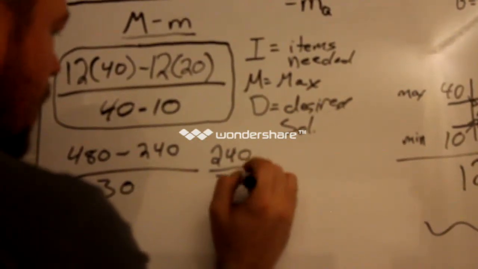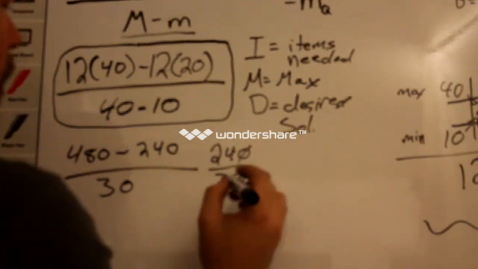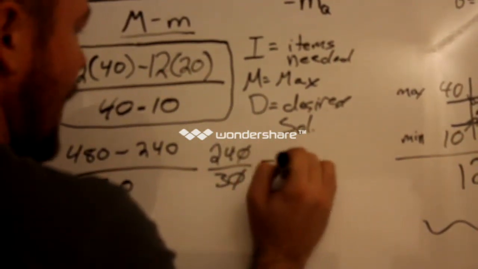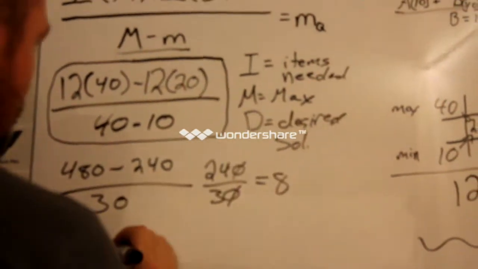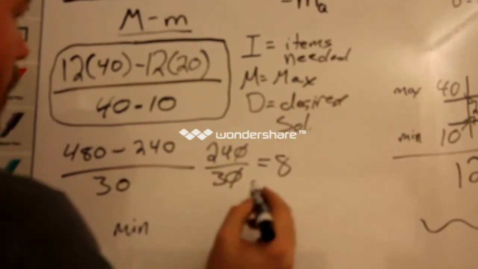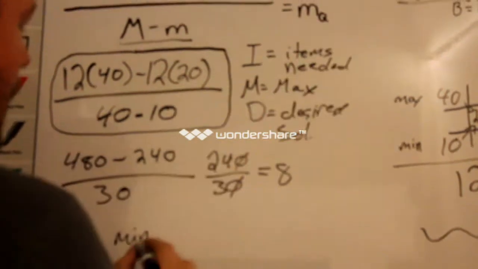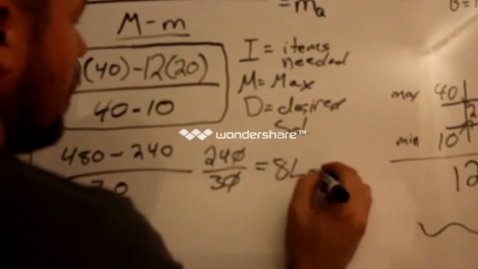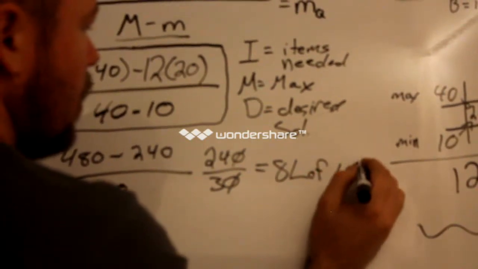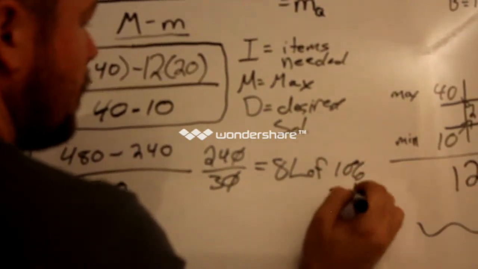Let's reduce these by 10 because we can. That leaves us 24 over 3, which equals 8. What that's telling us here is this MQ, the quantity of the minimum solution. So we're looking for 8 liters of the 10% solution.